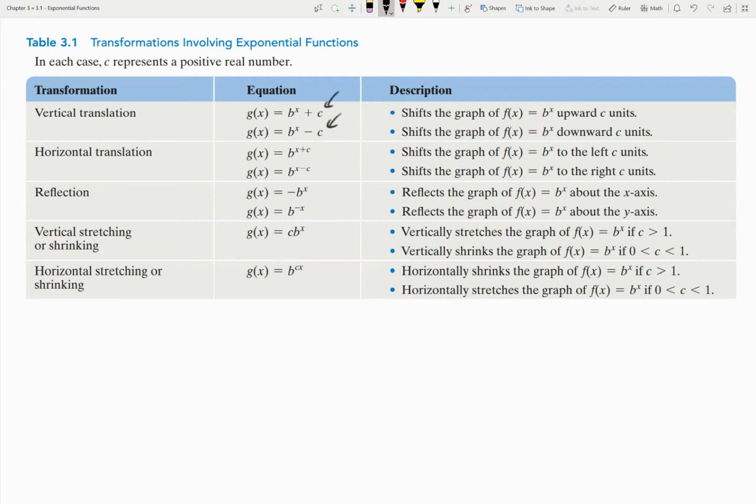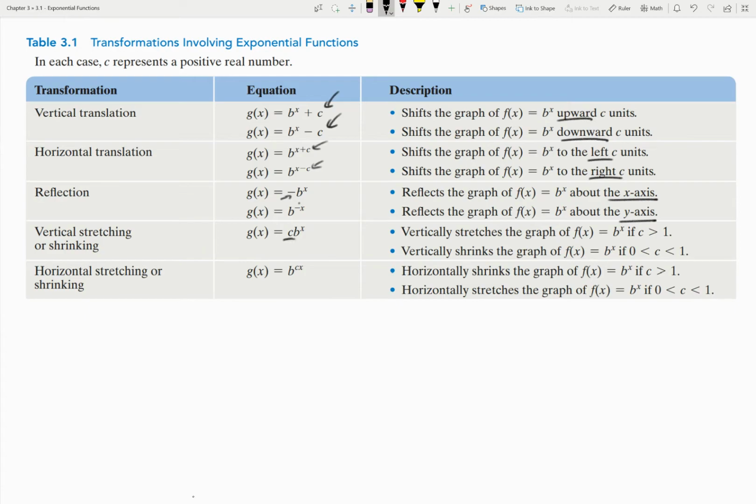Remembering where these numbers make those shifts. So a positive c shifts up, a negative c outside the exponent shifts down, a positive c in the exponent shifts left, negative c in the exponent shifts right, a negative in the front reflects in the x-axis, negative up top, we just saw that reflects in the y-axis.